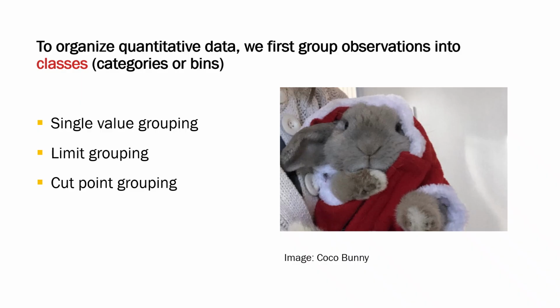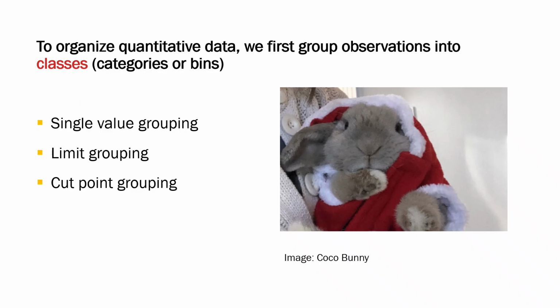And so there are some common guidelines for grouping quantitative data. For example, we want the number of categories that we have to be small enough that we can actually summarize the information, but it also has to be large enough to actually show the characteristics of the data. Each observation must belong to one and only one class.